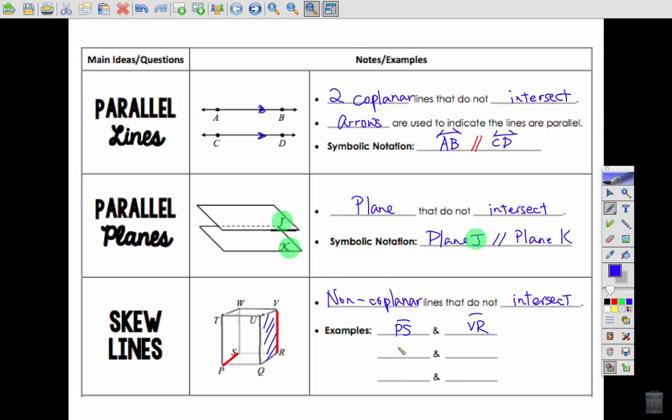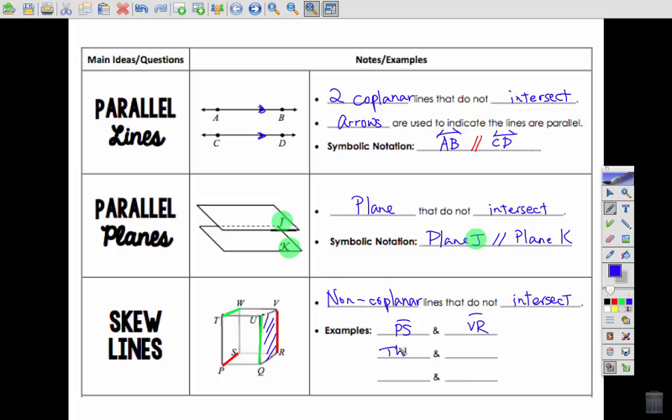Now if I point out a couple of other examples, if you look at TW, let me change the color here, TW is that green line there, and UQ, and this pair.